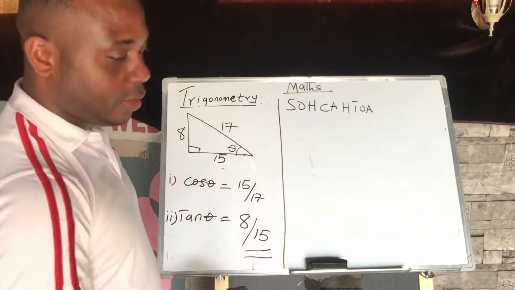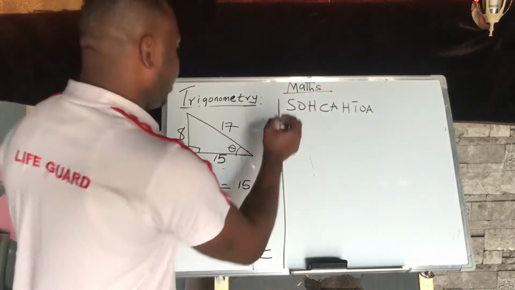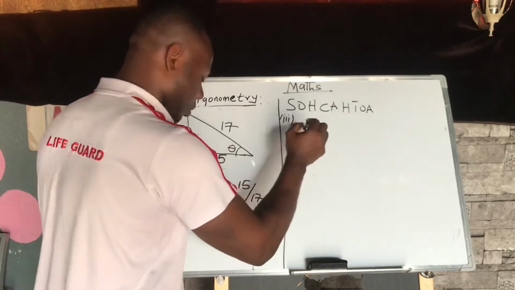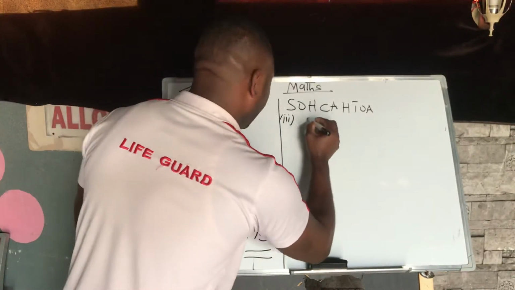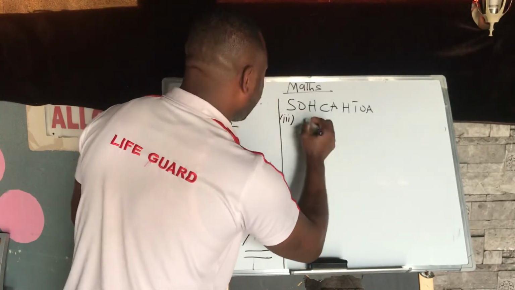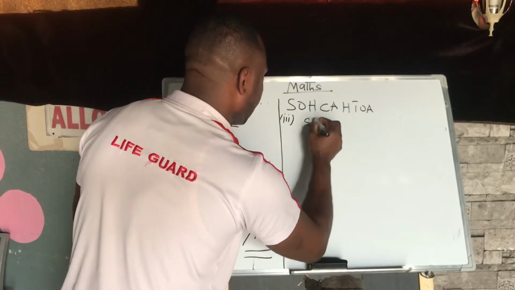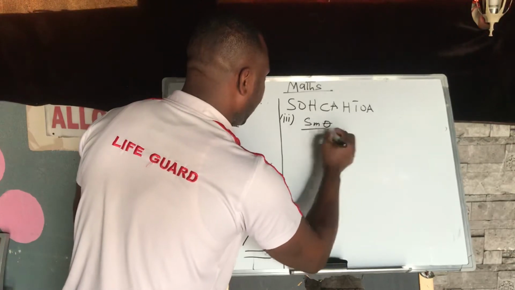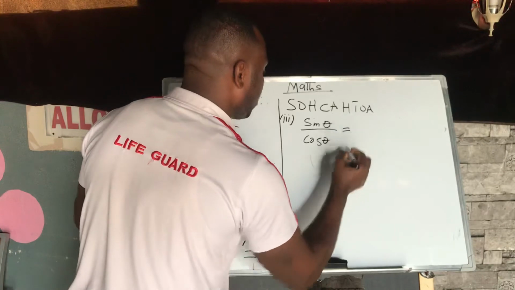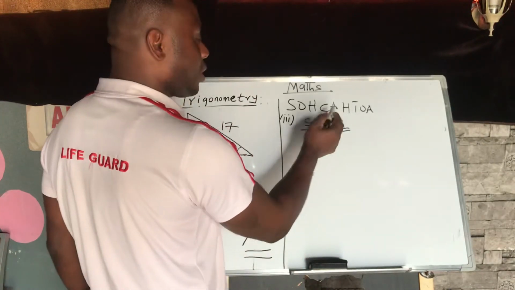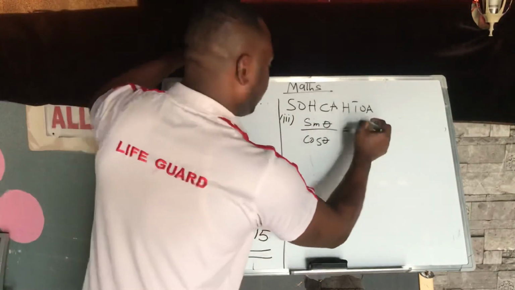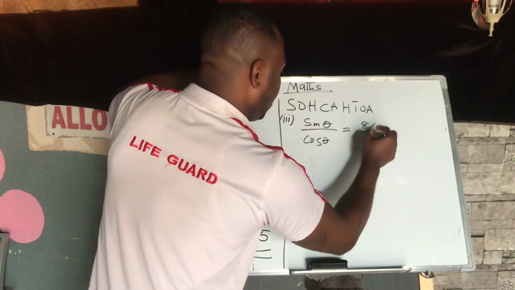And they ask us to find sin theta over cos theta, which is equal to, what is sin theta? Opposite over hypotenuse. 8 over 17.